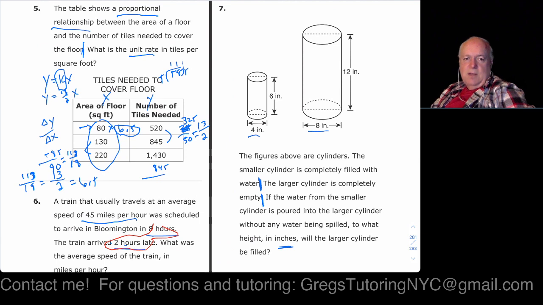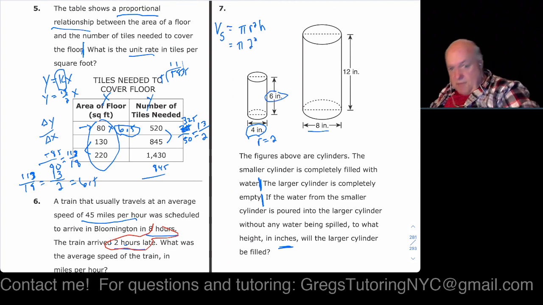The next thing we need to do is, do you know the formula for the volume of the cylinder? It's pi r squared times h. So the volume of the small one is going to be pi. Since this is the diameter here, the radius for this one is equal to 2, so we get 2 squared. Then we incorporate this 6 inches here.